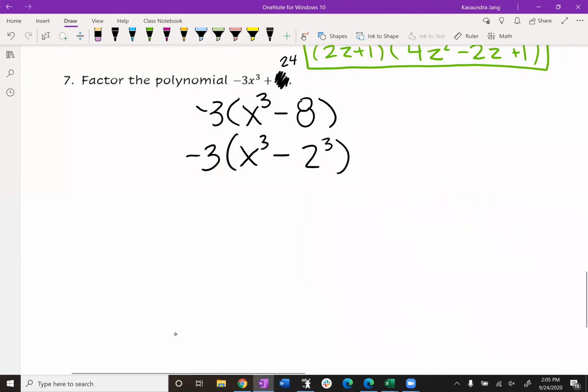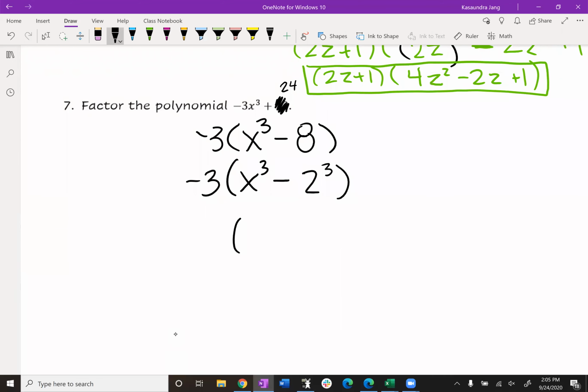All right, so a minus b. Again, I'm assuming my a is the x and the b is the 2. There's my a minus b. And then I've got a squared, which again, a is the x, so x squared, plus ab.